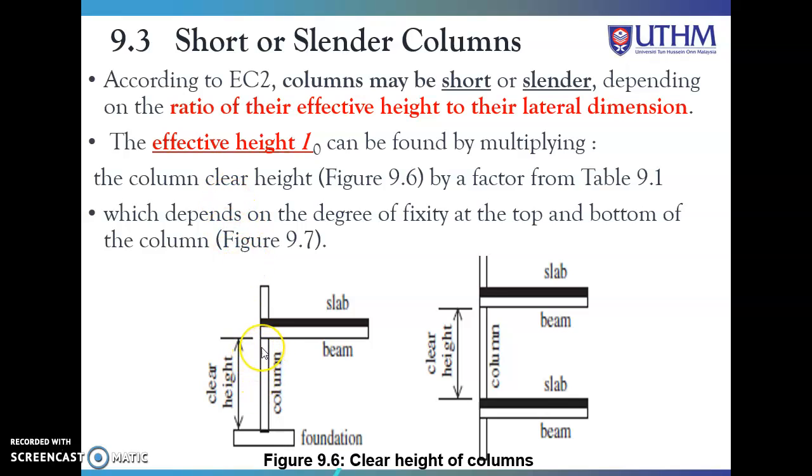Clear column ini adalah daripada bawah beam ke atas foundation, ataupun bawah beam ke atas slab. So, clear height adalah tak ada beam, tak ada slab. Dia adalah ruang kosong ini. Kalau ini, dia di antara foundation dan juga beam. Okay, so itu adalah clear height.